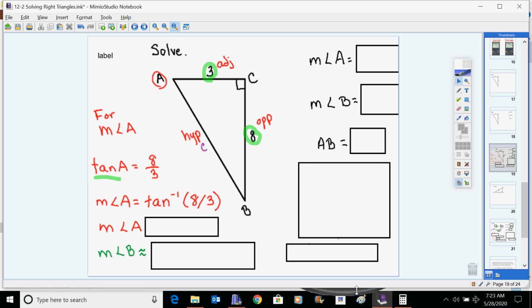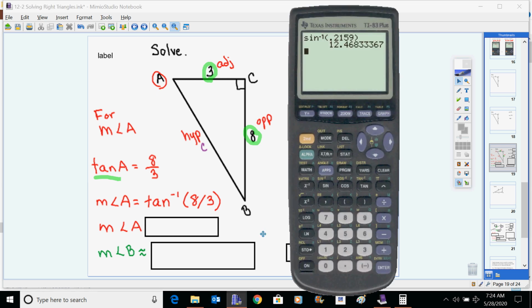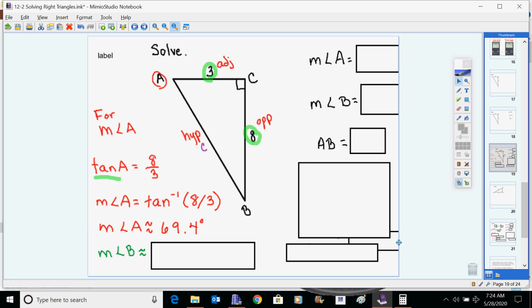So I can use my TI-83 Plus and do second tangent. Okay, it turned off. There we go. Second tangent of 8/3. And I get about 69.4 degrees.